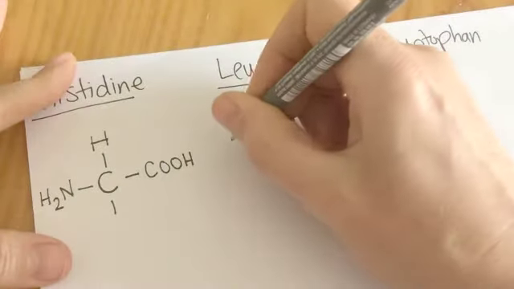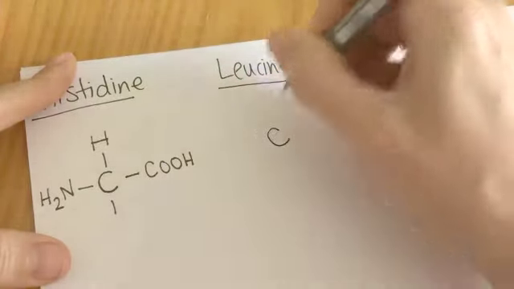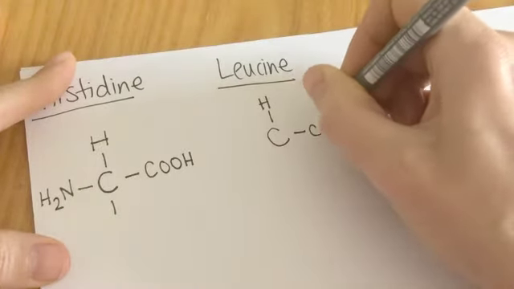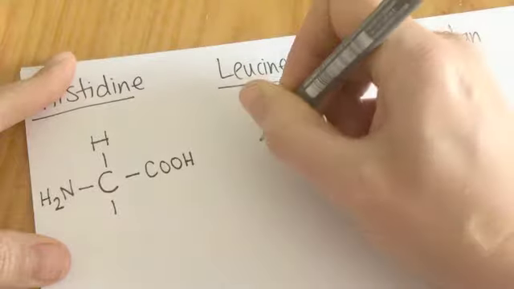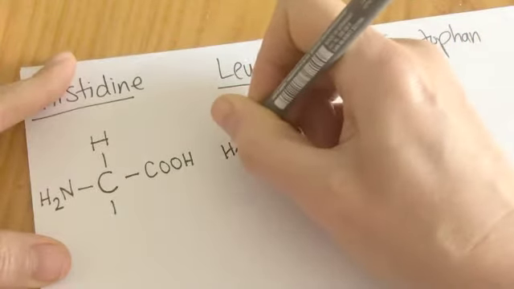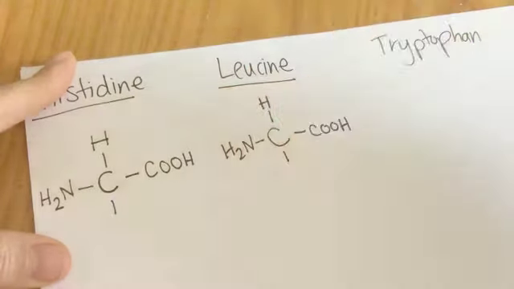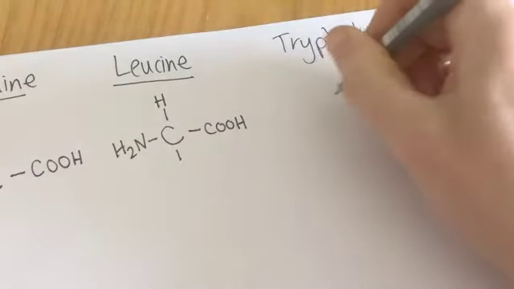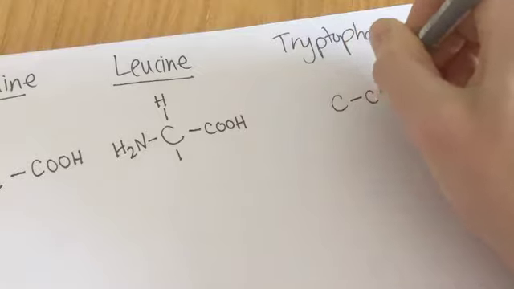I'm going to go ahead again with leucine. I'm going to start with carbon, give myself a hydrogen at the top, COOH on the right side, then an H2N. I'm going to go down here. Tryptophan, going to have the same thing: carbon, COOH.